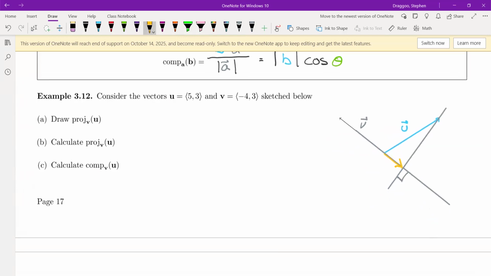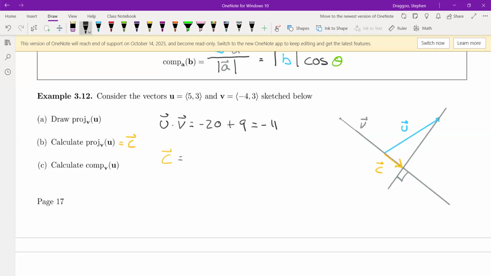So if we want that projection, I'll call it C. It's just this guy right here. I need the dot product of u and v. So u dot v looks like negative 20 plus 9, which will be negative 11. So that projection vector ought to be, what did we say here?